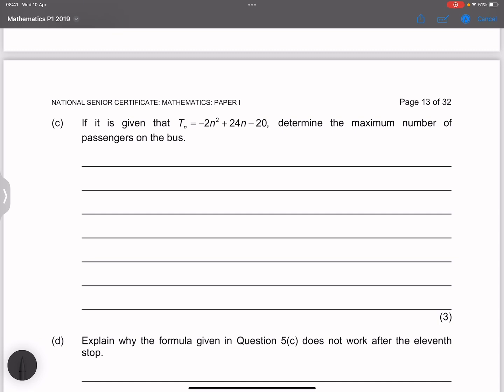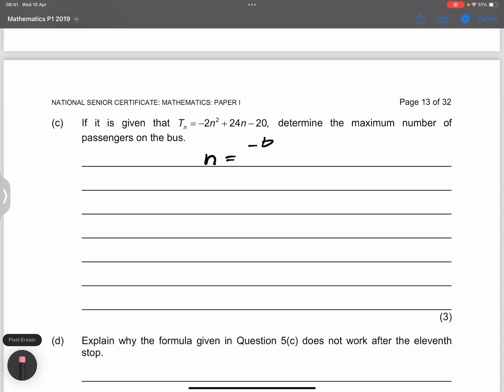So please remember, this is a quadratic sequence, isn't it? Okay, so this follows a quadratic expression, okay? So when do we get to the maximum point, right? When do we get to the maximum point? So in this case, the n value will be minus b.